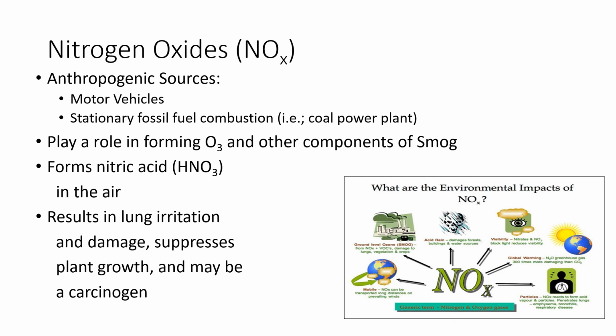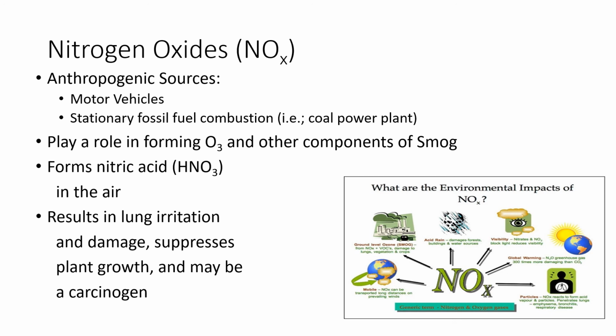It can also form nitric acid in the air when it reacts with water vapor. So you have this acid deposition as well, or acid rain, as you might call it. I'm going to call it acid deposition because you're depositing acid, whether it is through rain or some sort of precipitation, but it's that acid coming down.